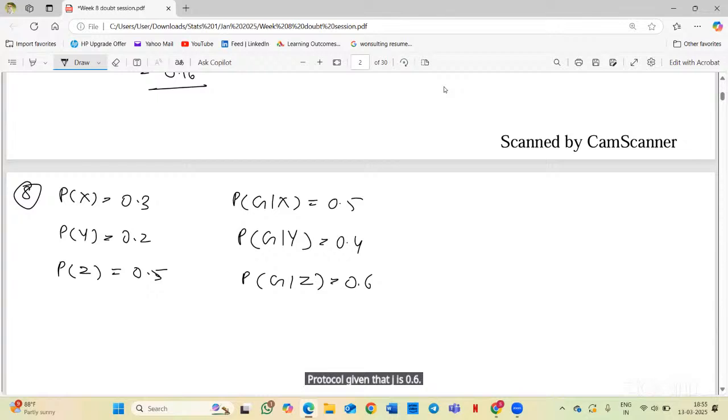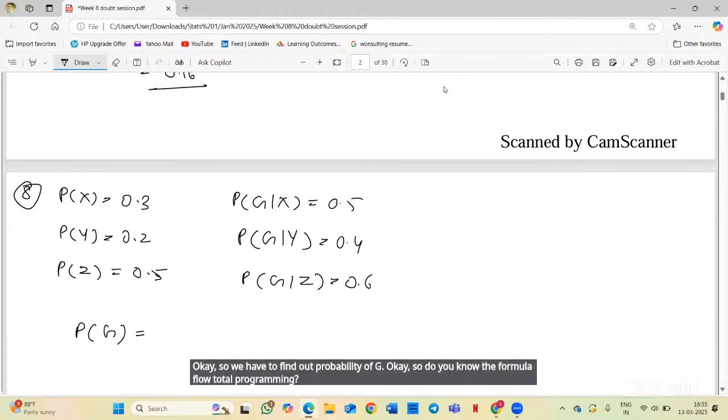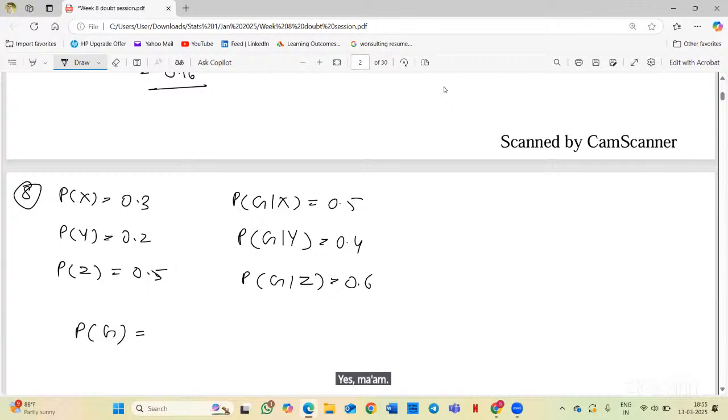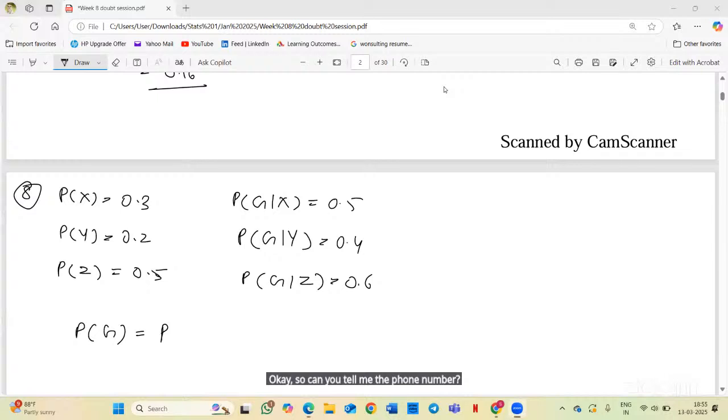Okay. So we have to find out probability of G. Do you know the formula for total probability? Can you tell me the formula? Probability of x into probability of girl given that x.